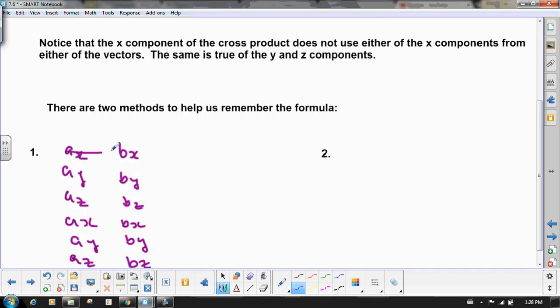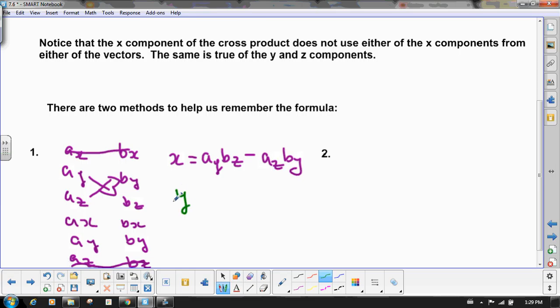From here, you're going to cross off the top line and the bottom line. So for my x component, you have ay times bz minus, now I'm going to cross this way, az times by. So that's my x component.